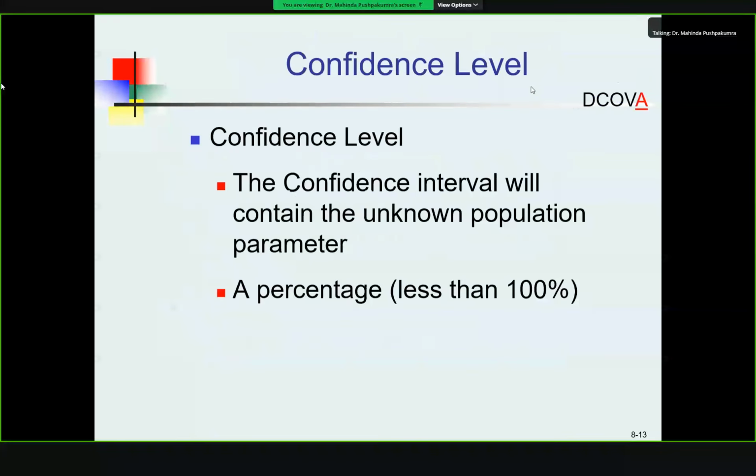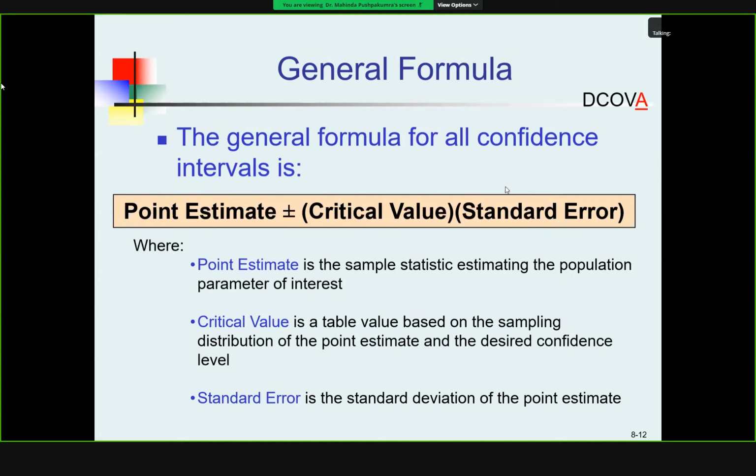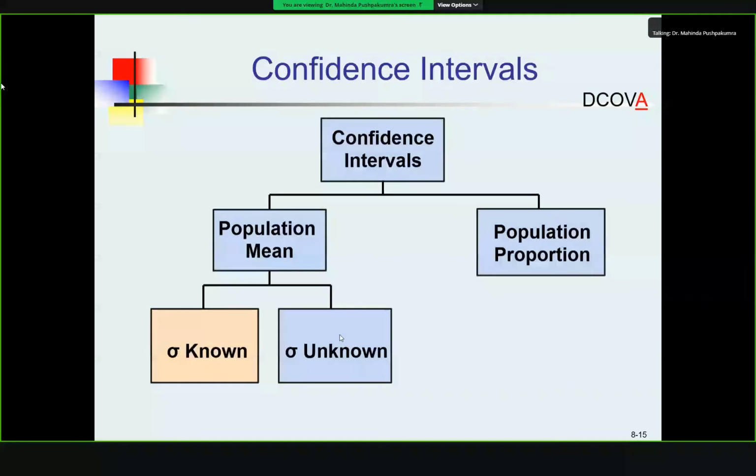As I explained here, there are two methods: known population standard deviation and unknown population standard deviation. First we will move to known population standard deviation.